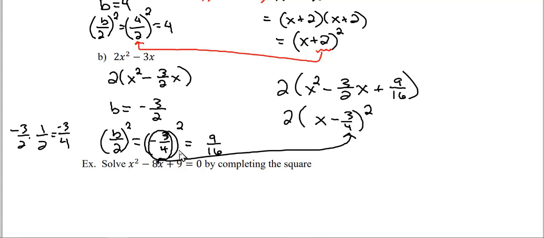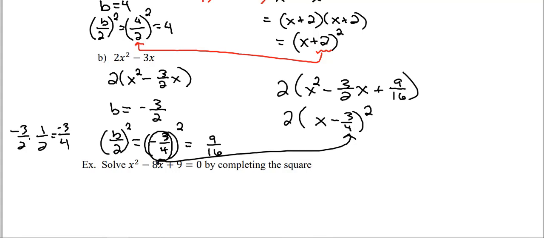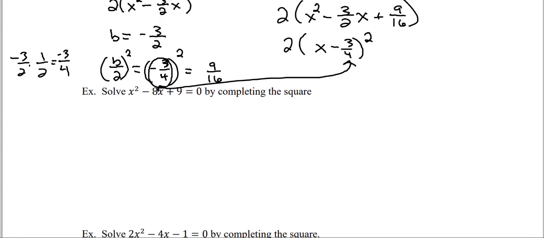Okay, it's the b over 2. Again, this is not equivalent to what we started with because we added this 9/16 inside the parentheses there. But it does help us see that we can get to a nicer looking thing. Let's see how we use this to solve equations.